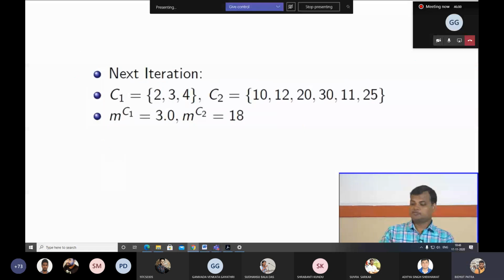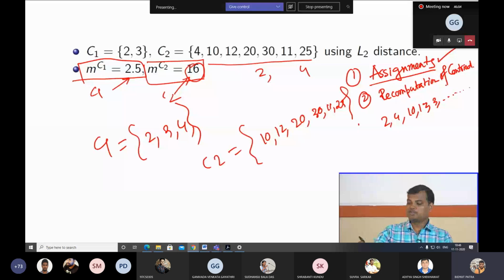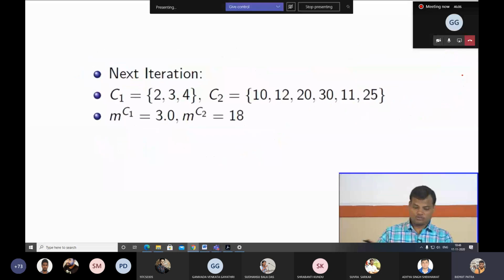So assignment is done. Now you have to recompute the centroid. This is one cluster, this is another cluster. 2 plus 3 plus 4, so the centroid will be 3.0.